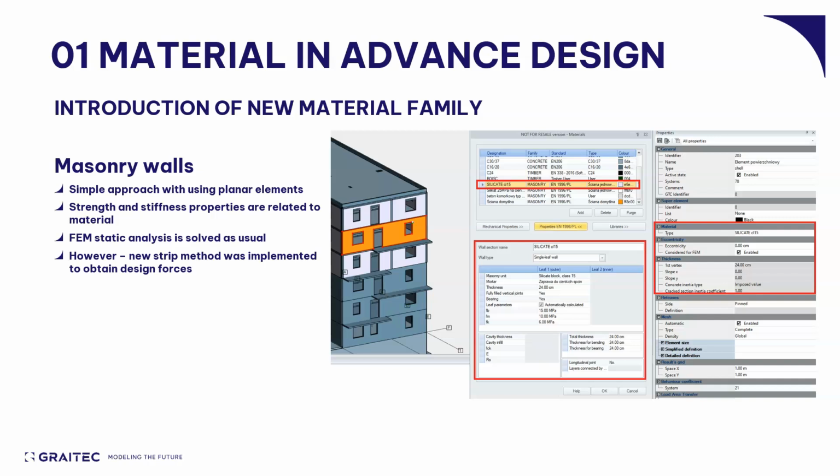What's new compared to other design sequences for other elements is how we obtain design forces, because a new strip method was implemented for this course. So let's now jump into Advanced Design and see how it's done in practice.